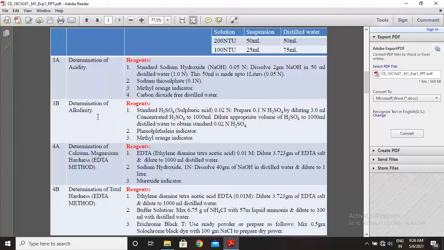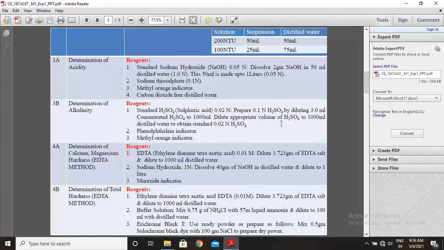Next, determination of alkalinity. These are the reagents required. Standard sulfuric acid 0.02 normality is required. So how to prepare this solution? Prepare 0.1 normality H2SO4 solution by diluting 3 ml concentrated H2SO4 to 1000 ml.